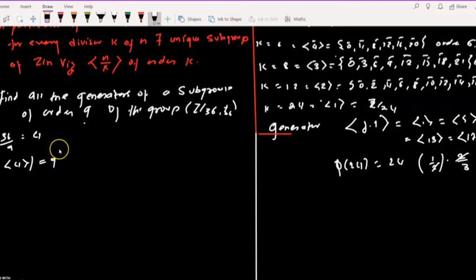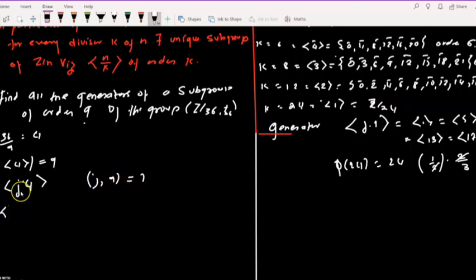So I know that 4 is one of the generators. What are the other generators? Just look at J times 4, by the fundamental theorem of cyclic groups. Just look at J times 4, where J and the order of 4 are relatively prime.